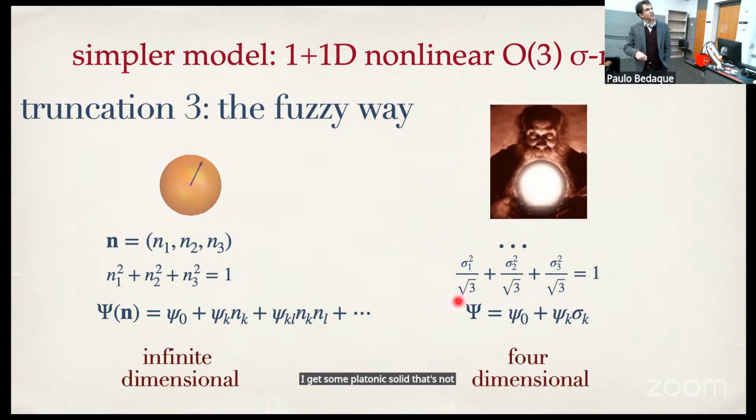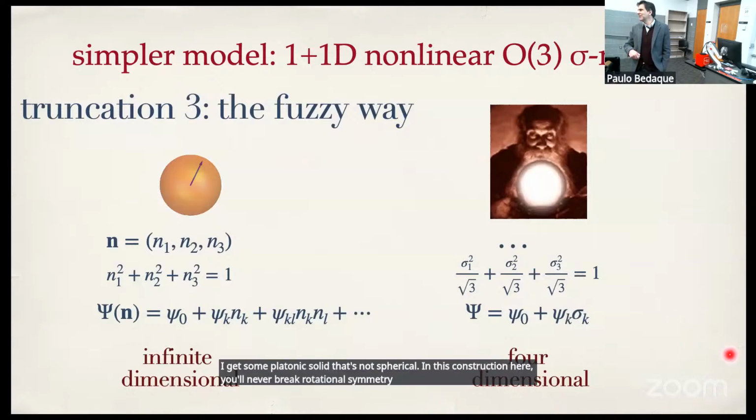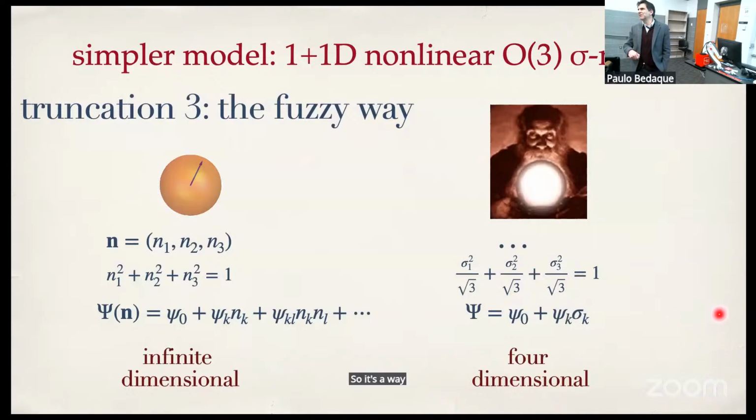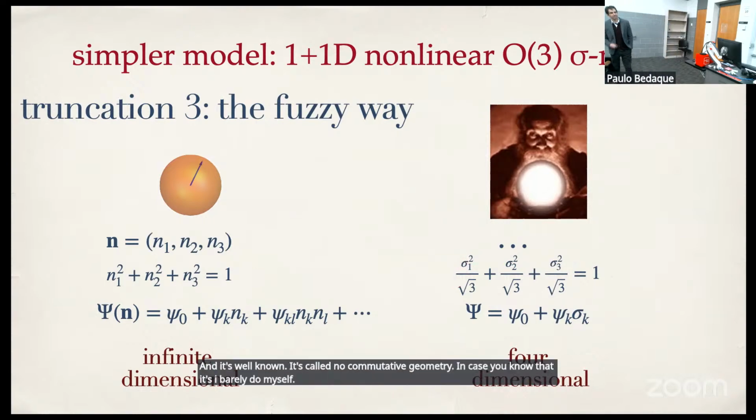In this construction, you'll never break rotational symmetry. You have exact rotational symmetry. So it's a way of substituting a space by a space that's discrete without breaking the symmetries. It's mind-boggling, but it is true. And it's well known. It's called non-commutative geometry, in case you know what it is. I barely do myself, okay?